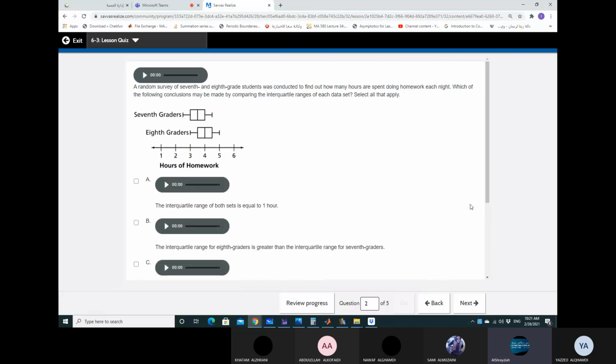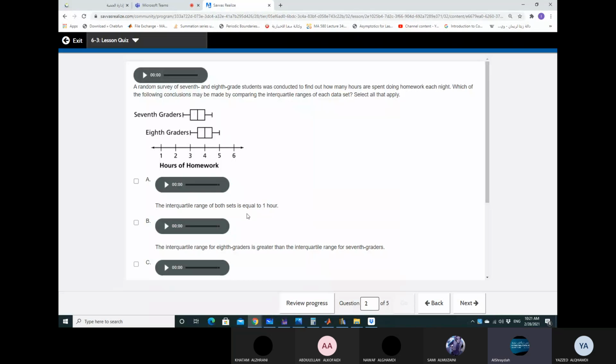Here we have another question. A random survey of seventh and eighth grade students was conducted to find out how many hours they spent doing homework each night. Which of the following conclusions may be made by comparing the interquartile ranges of each set? Different conclusions can be made. Okay, the interquartile range for both sets is equal.